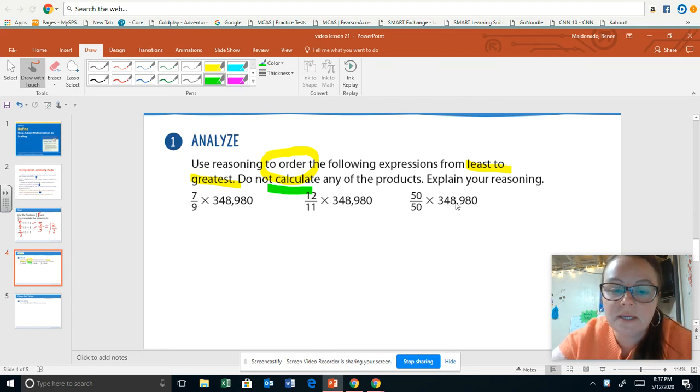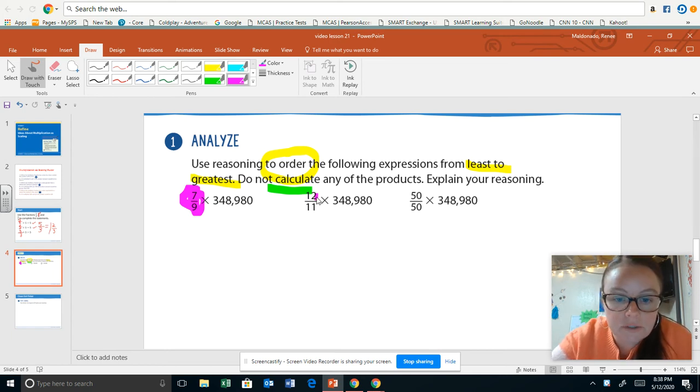So that tells me I'm looking at the first factor, and that is the fraction. So I know this fraction is less than a whole. 7/9, because 9/9 is 1 whole. So 7/9 on a number line would be 2/9 before that.